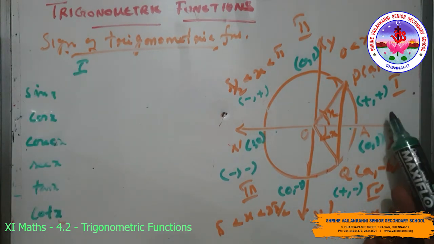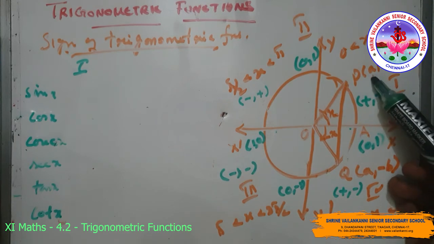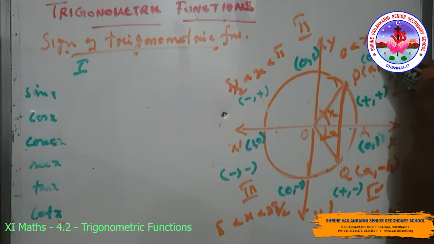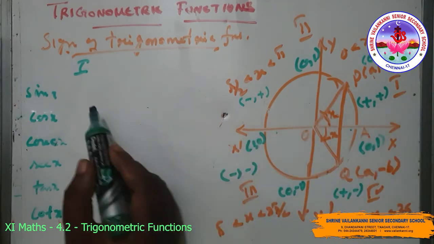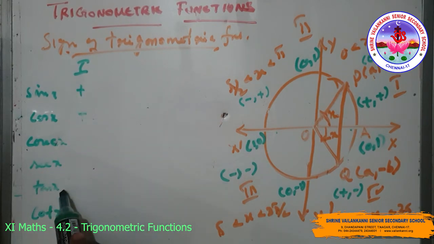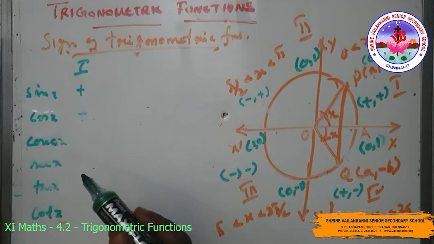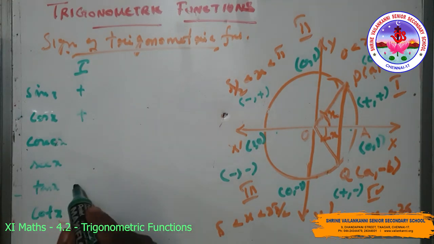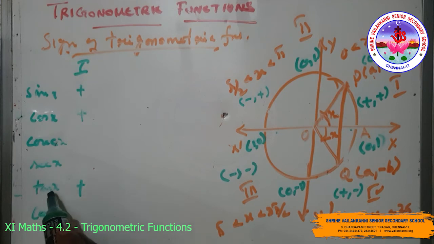So in the first quadrant both coordinates a and b are positive, that is cos x and sin x are positive. If sin x and cos x are positive, then tan x is positive, since sin by cos is plus by plus. And cot x is the reciprocal of tan x, that is 1 by tan x, so cot x is also positive.